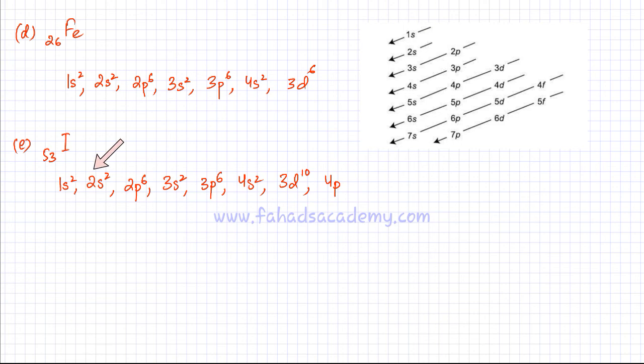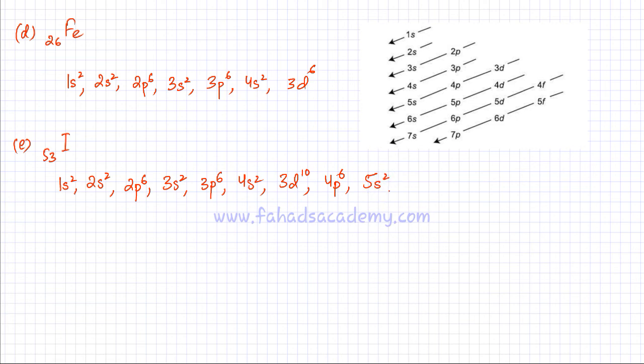So it's 2 plus 2 is 4, plus 6 is 10, 12, then 18, 20, then that's 30. So 6 electrons in the 4p subshell, so that would be 36. So I've reached 36. So after 4p, the 5s subshell would be filled.